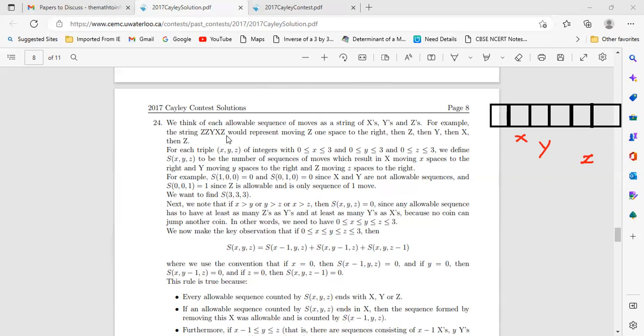So again, they represent Z. Meaning you're moving this to the right again, right? So you're going to have Z there.